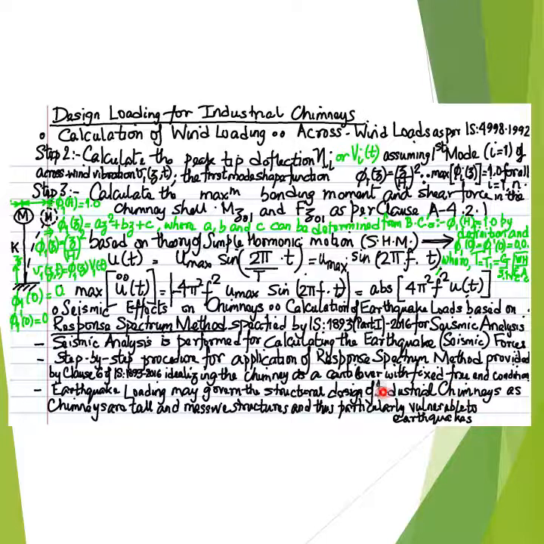Therefore, it is important or crucial to consider earthquake loads in the structural design of industrial chimney structures in accordance with clause 6 of IS 1893-2016, the Indian Standard Code of Design Practice for earthquake resistant design of structures.